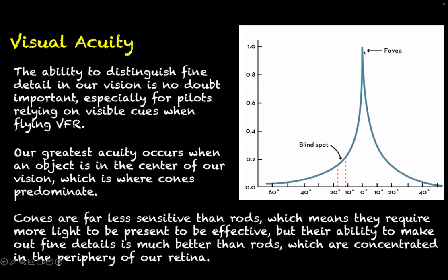You get your best visual acuity right here in your central vision, right at the fovea. Your ability to make out fine details diminishes greatly the further away you get from the fovea, because you're getting away from using those cones and having to rely on rods, which again are more sensitive to light, but don't produce as fine a detail.